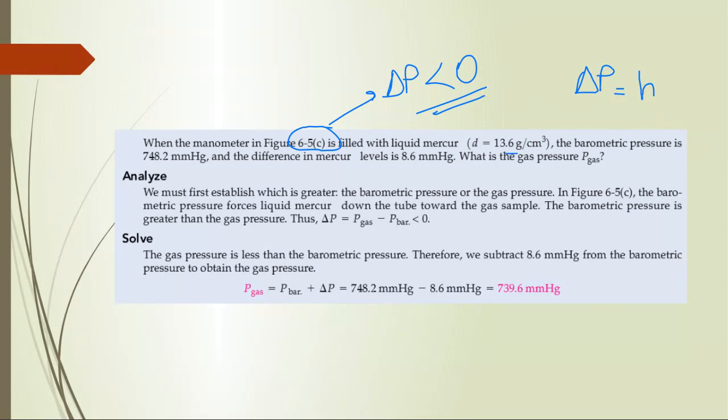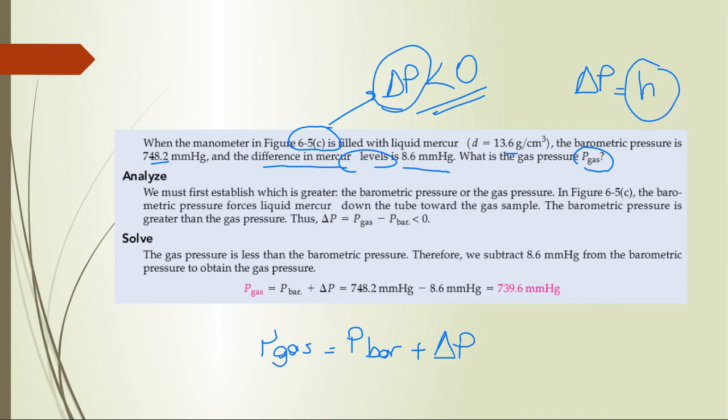Liquid mercury, they give us. The barometric pressure is given like that, and the difference in mercury levels like that. What is the gas pressure? You know that gas pressure is P bar plus delta P, given to you. The difference in mercury levels means delta P. This is the H. This is 8.6.